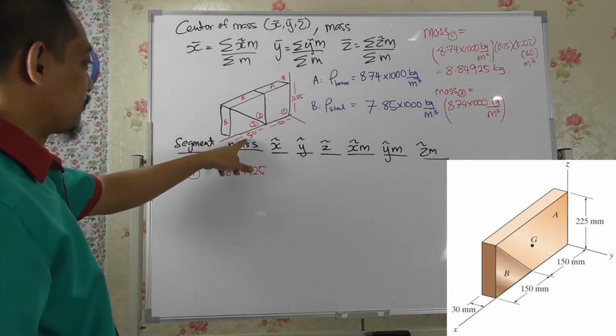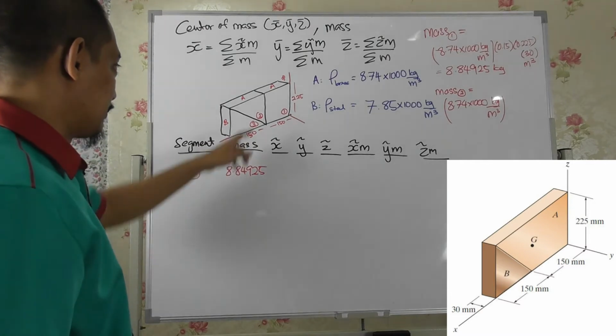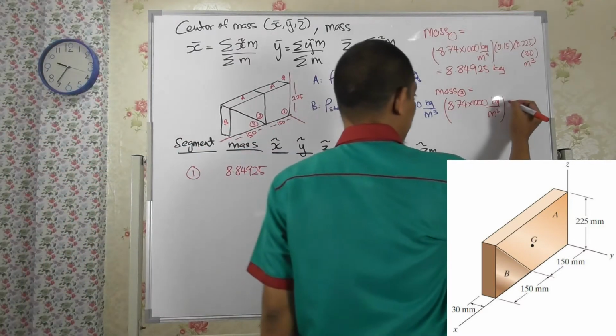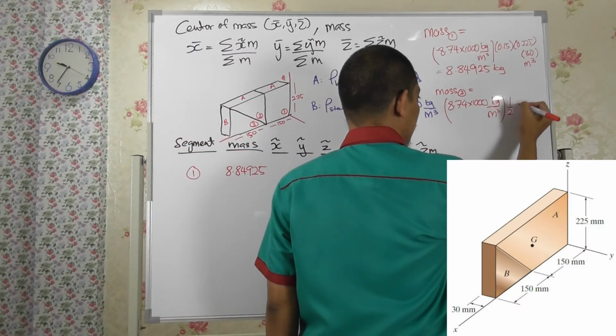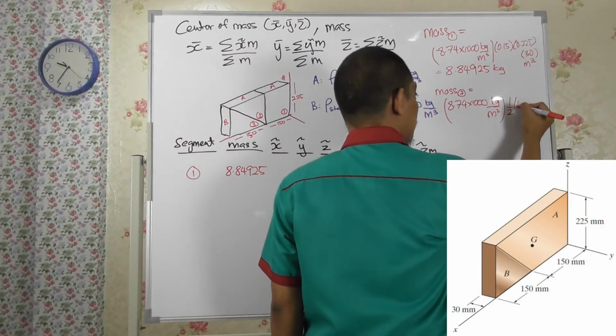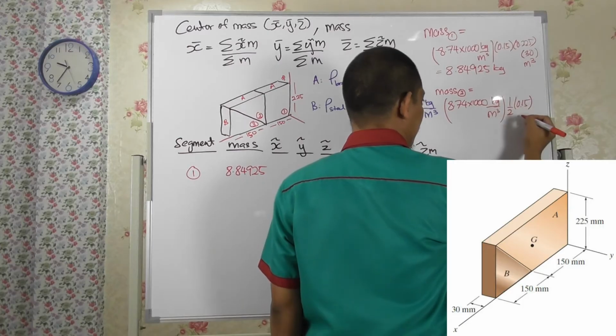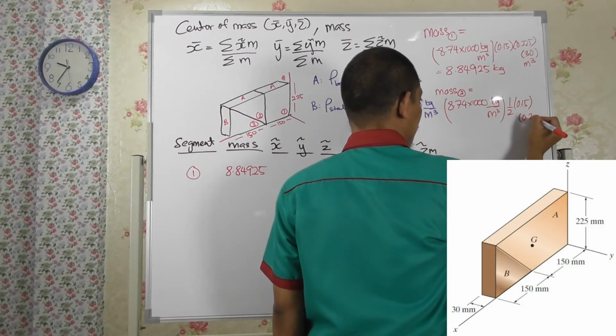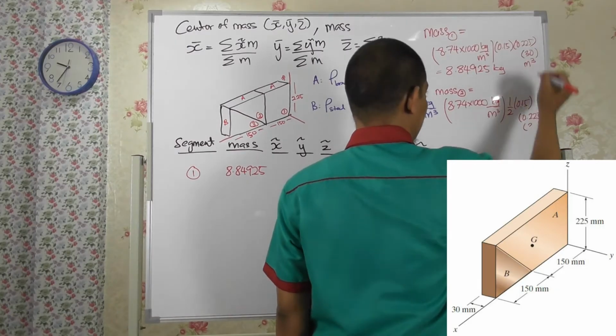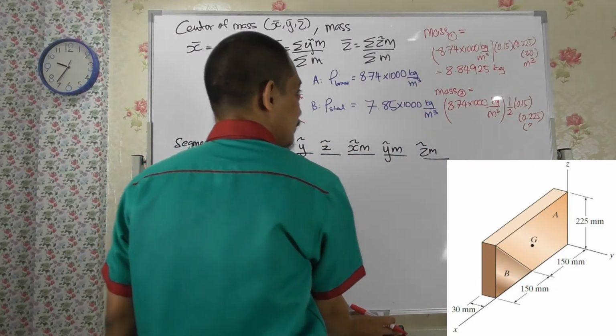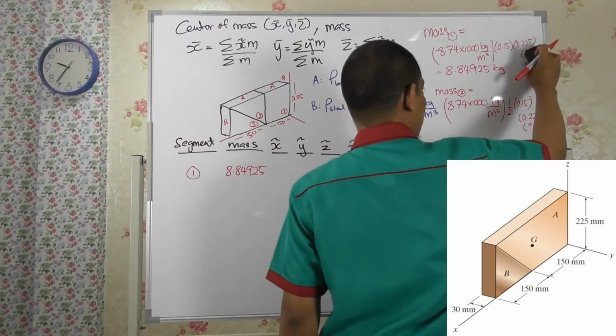So half times 150 times 225 times 30. So multiply by half, and then 0.15, and then 0.225 multiplied by, oh sorry, this 30 is wrong, so this is 0.03.